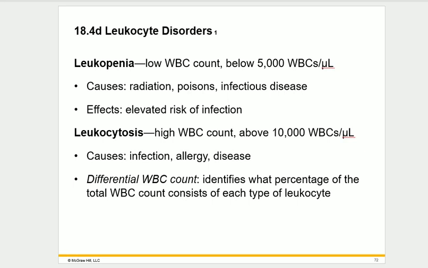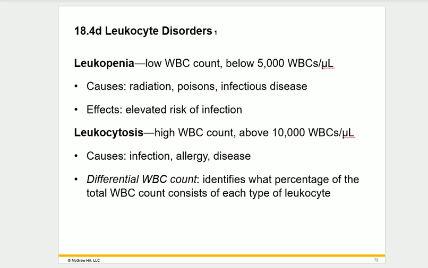It can also be produced by glucocorticoids, anti-cancer drugs, and immunosuppressant drugs given to organ transplant patients. Since white blood cells are protective cells, leukopenia presents an elevated risk of infection and cancer.